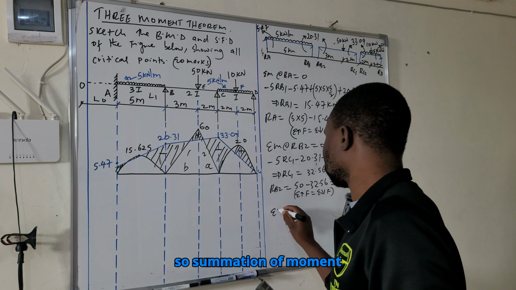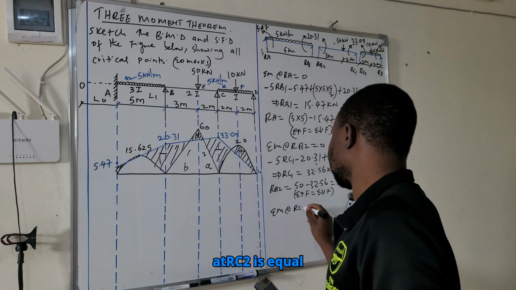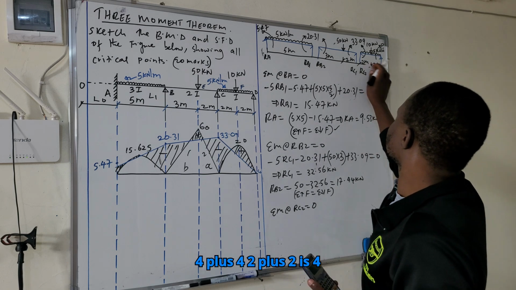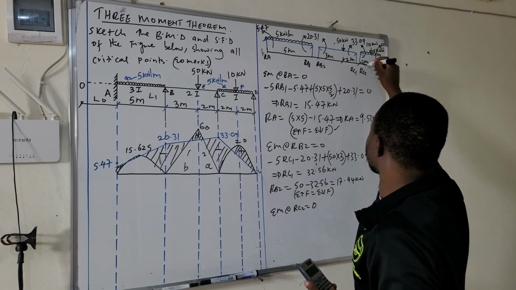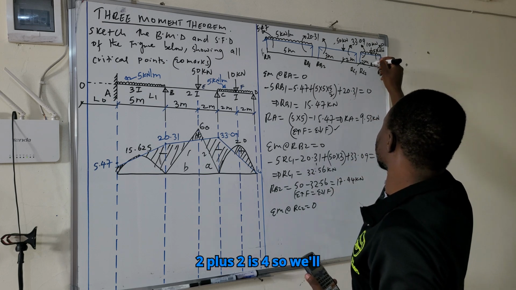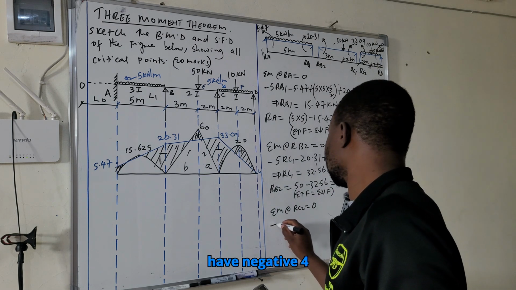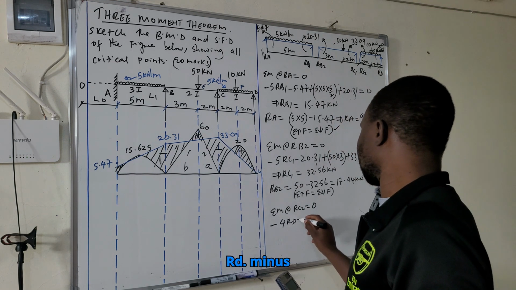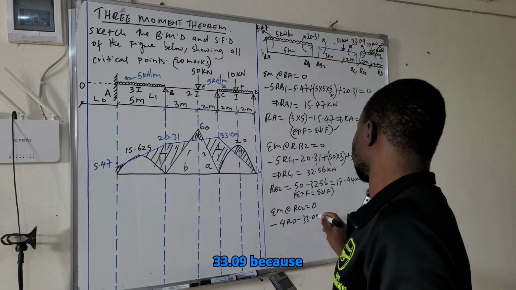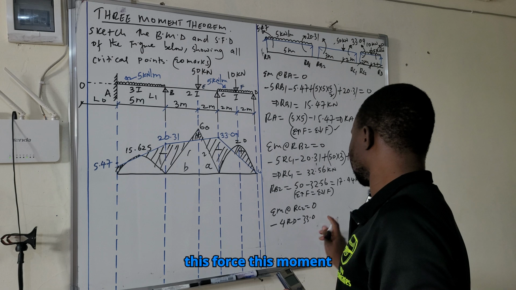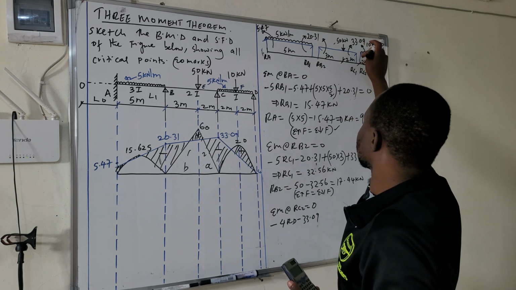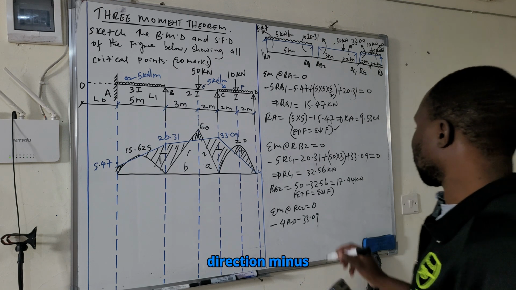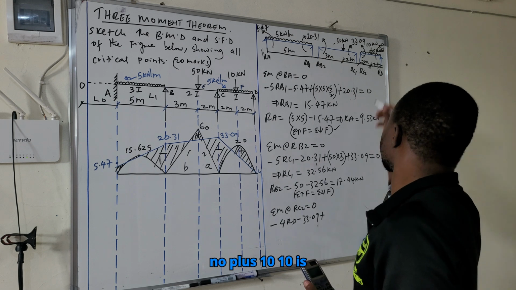So the summation of moments at RC2 is equal to 0. So it means 2 plus 2 is 4, so we'll have negative 4 RD minus 33.09, because this moment is moving in anti-clockwise direction, plus 10.